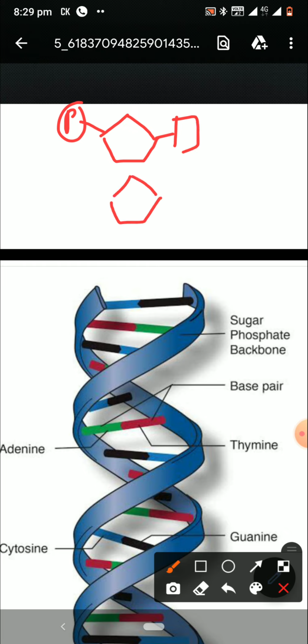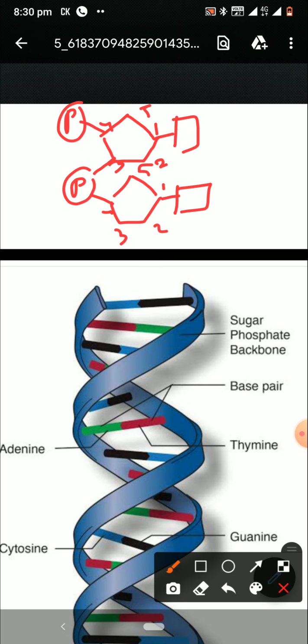And this is another nucleotide. And this phosphate group will be attached to 2 carbon atoms. In this pentose sugar, the carbon atoms will be numbered as 1, 2, 3, 4 and 5. Similarly here also 1, 2, 3, 4 and 5.